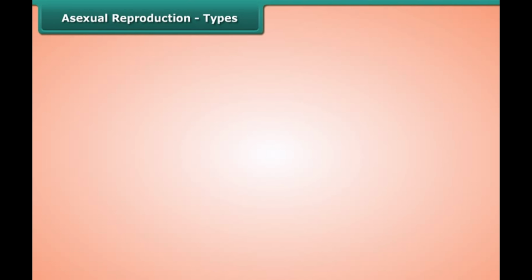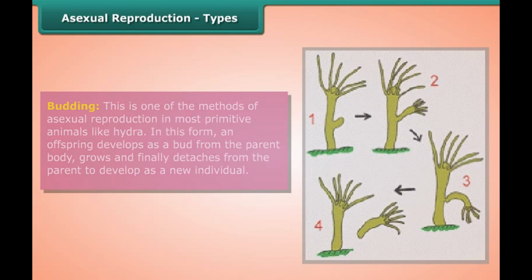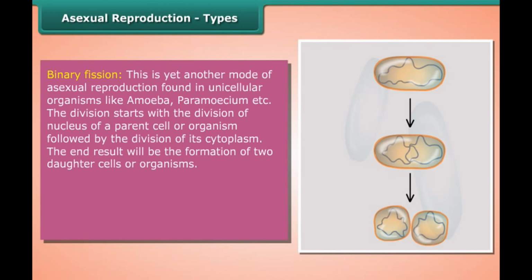Asexual reproduction. Types. Budding. This is one of the methods of asexual reproduction in most primitive animals like Hydra. In this form, an offspring develops as a bud from the parent body and grows and finally detaches from the parent to develop as a new individual. Binary fission.